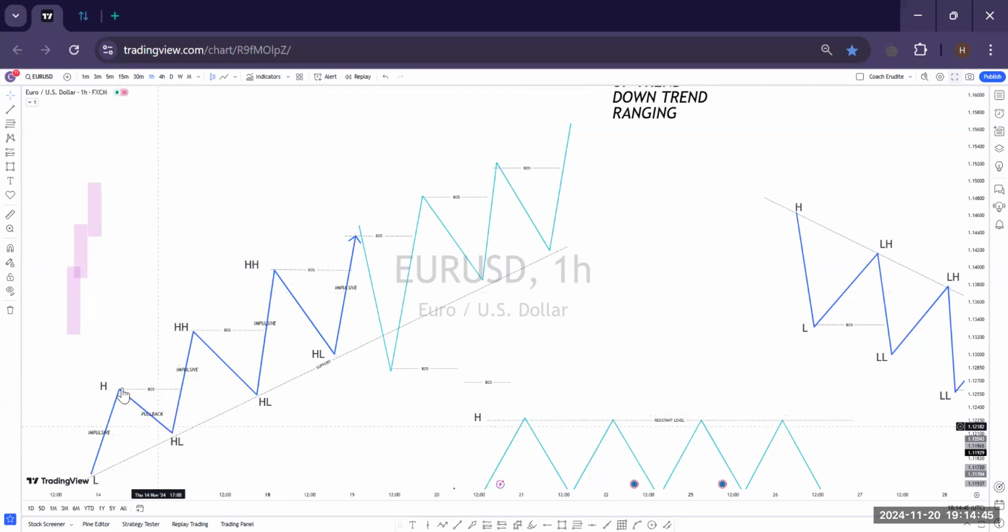When price is coming down, we call it the IRL, internal range liquidity. And if price is going up, price is grabbing the ERL, external range liquidity. At any point you have a break of structure, have it at the front of your mind, not at the back of your mind, that price is grabbing what we call transactional liquidity.